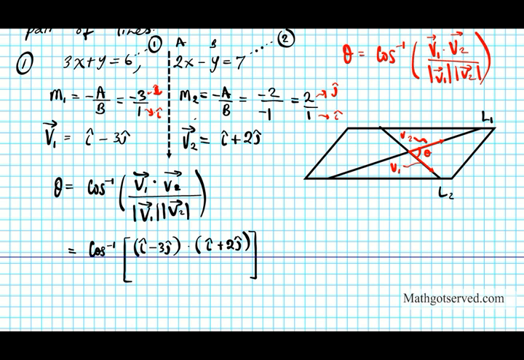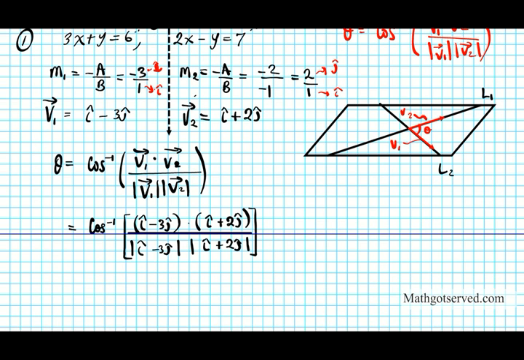Okay, that goes for the numerator. And then in the denominator, we're going to be multiplying the magnitude of each vector. So divided by the magnitude of vector v1, which is i minus 3j, times the magnitude of vector v2, i plus 2j. Okay? All right, let's find the dot product of the numerator first.